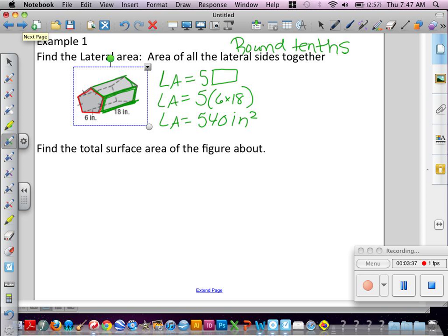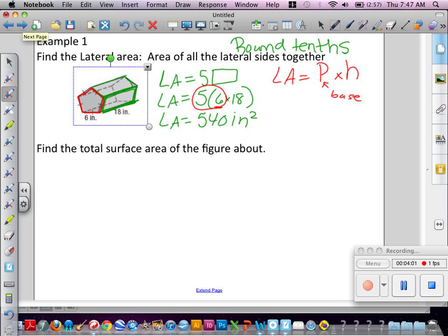The other way you can do it, if you notice here, I did 6 times 5 and I said 30, right? That actually is the perimeter of the base. And so to find the LA of a prism, you could just take the perimeter of the base and times it by the height of the prism.